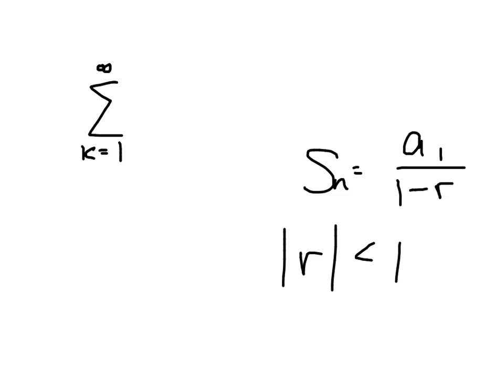It's the only time. If the ratio is greater than 1, it will not work. So if you are given something that has a ratio that is less than 1, then you can put it in that formula. If it's bigger than 1, you can't do it.